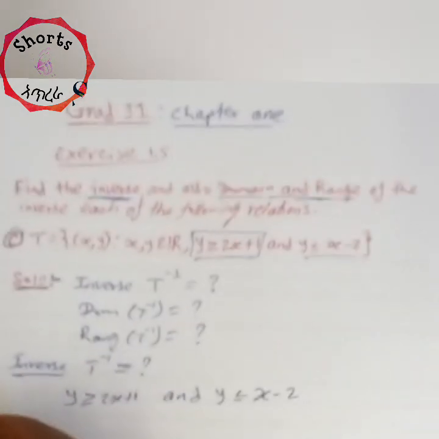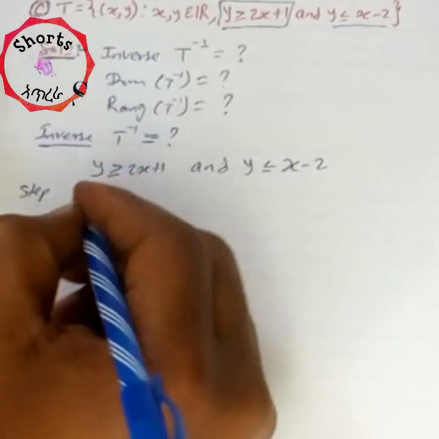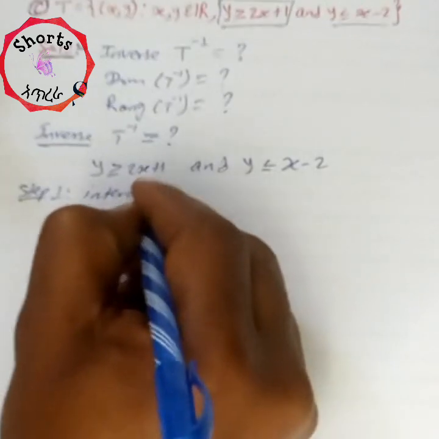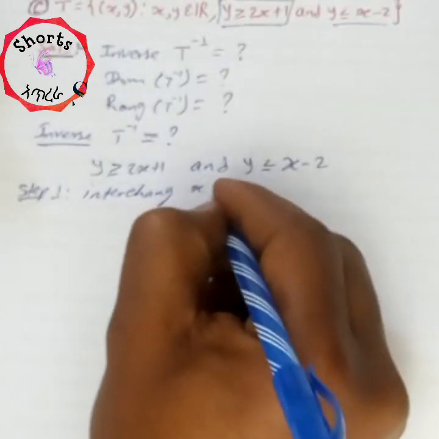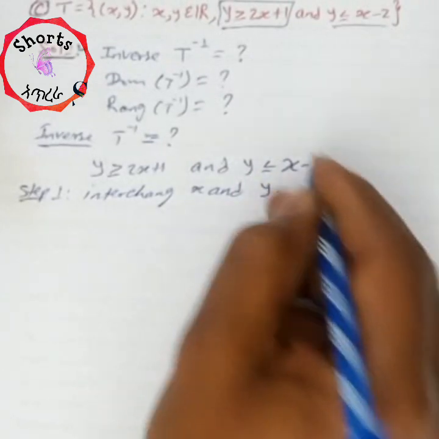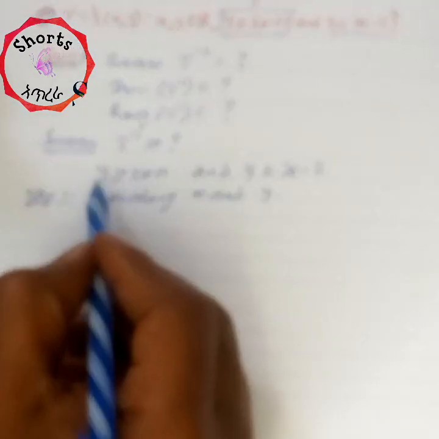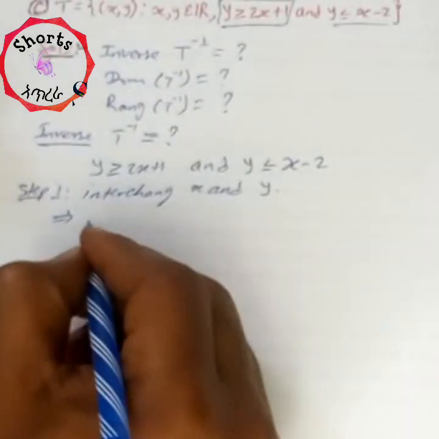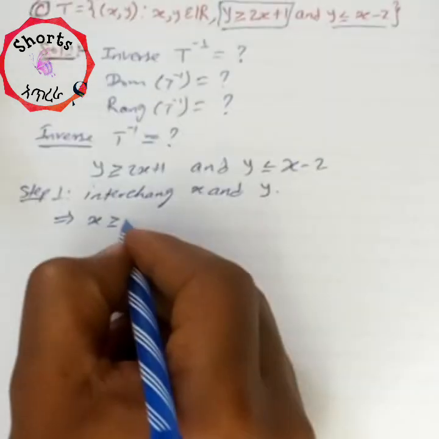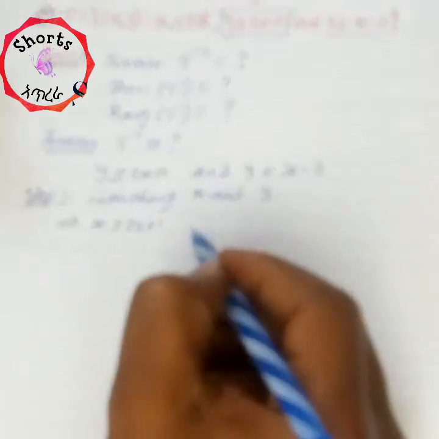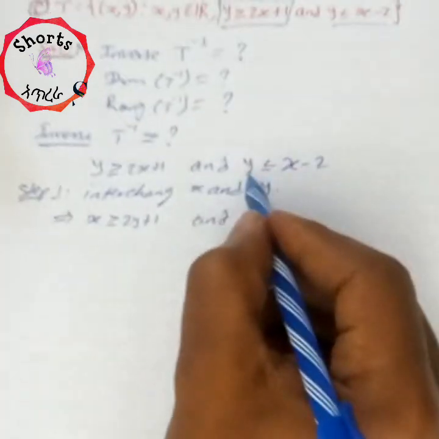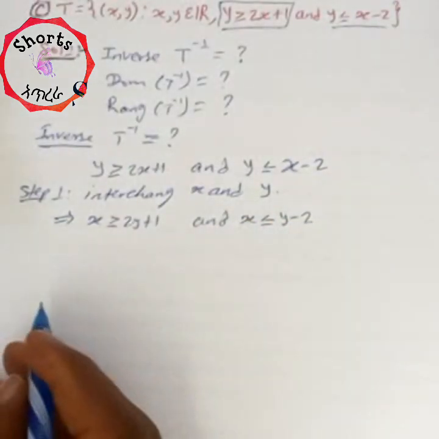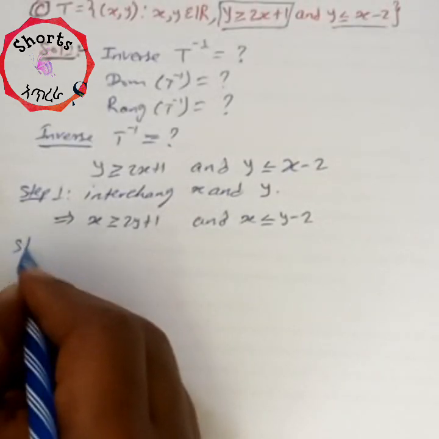As you remember, the first step is to interchange x and y. Interchanging x and y, we obtain the following inequalities: x is greater than or equal to 2y plus 1, and from the second inequality, x is less than or equal to y minus 2.